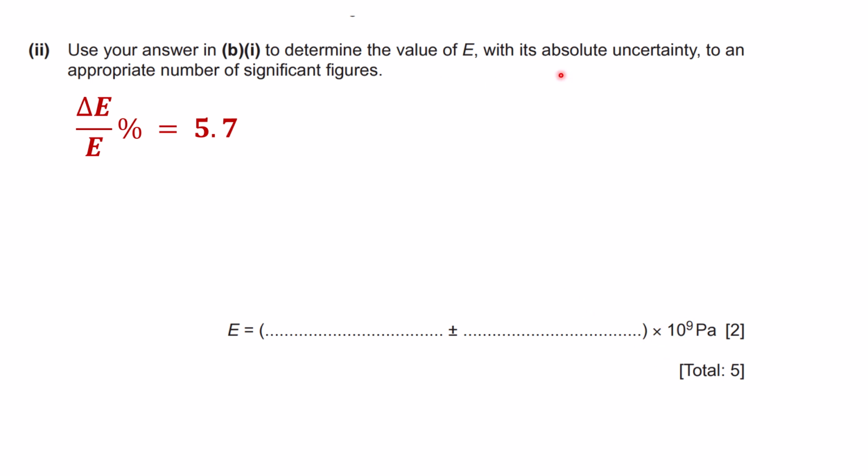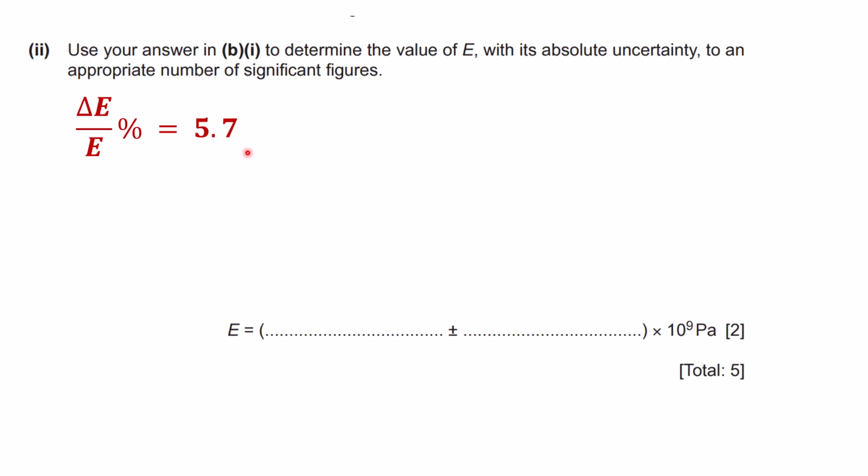So now let's take a look. What is the absolute uncertainty? When they say absolute uncertainty, some call it real uncertainty or accurate uncertainty, but the most common is absolute uncertainty. It means that the value has a unit.